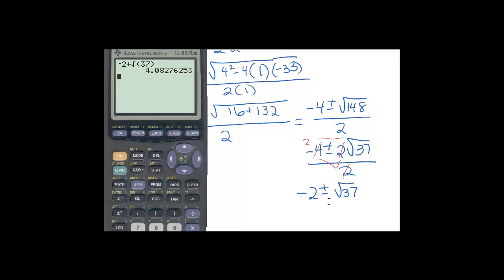And if you do -2 minus the square root of 37, let's just go ahead and do it. It's the 8 point something. So -2 minus second square root 37. Enter. So it's your -8.0.